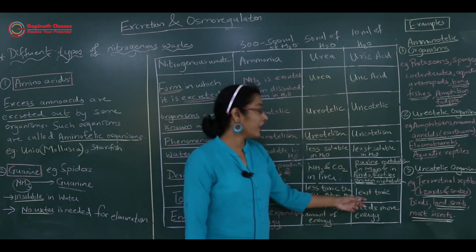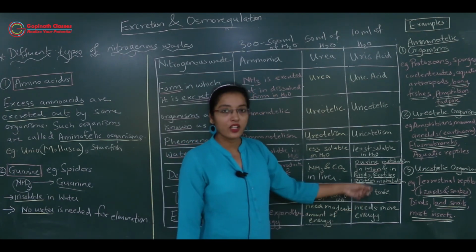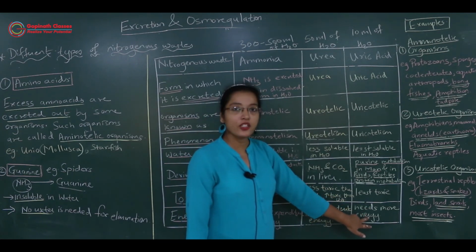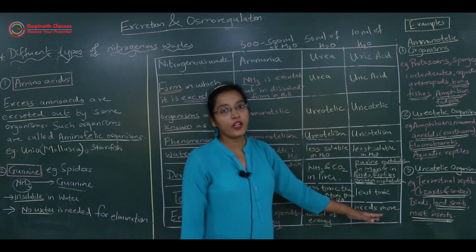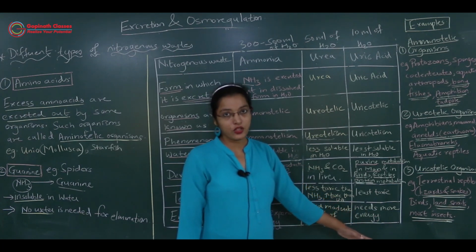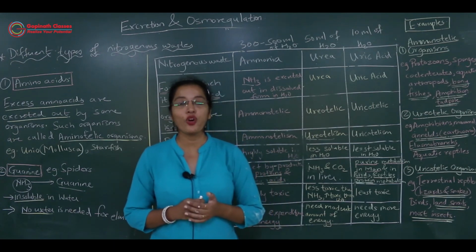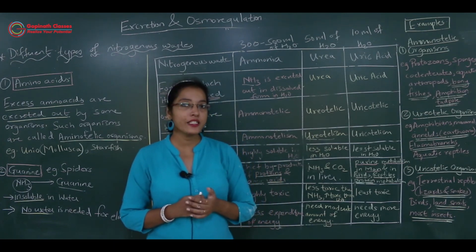Then, uric acid is least toxic. Fine. And regarding expenditure of energy, it needs more energy for elimination. So birds and reptiles need more energy for formation of uric acid. How is uric acid formed?